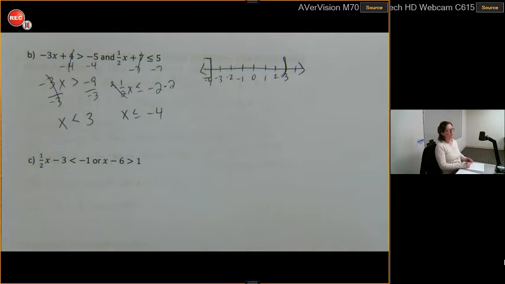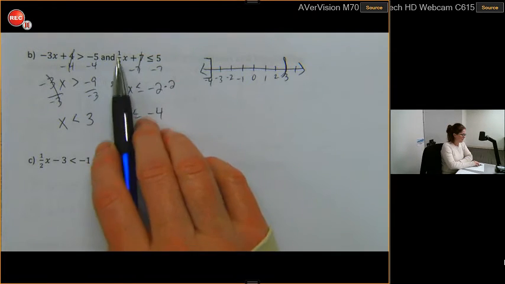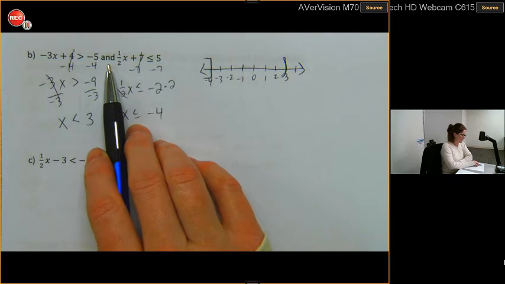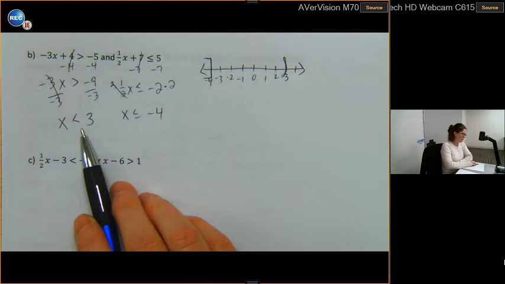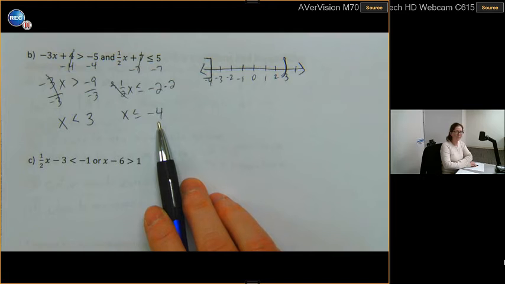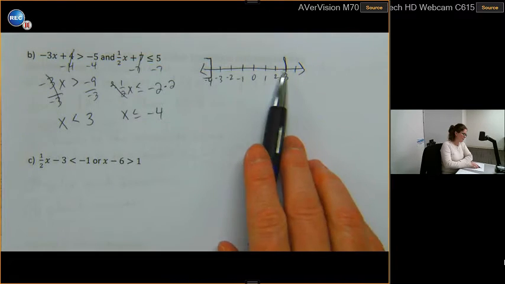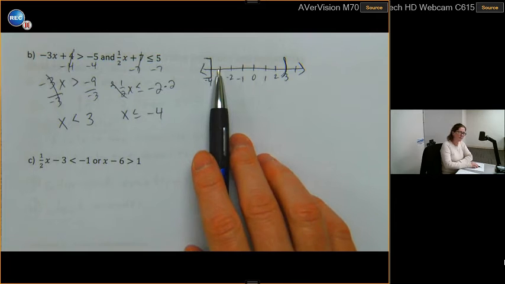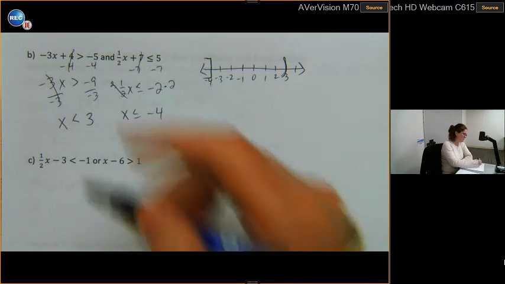This one's kind of a strange answer because they're both pointing to the left. To determine my answer, I need to think about my word. My word's "and." So my answer is everything that's less than 3 and also less than or equal to -4. All of the numbers in between the 3 and the -4 are not part of my solution because they don't fit into both of them.